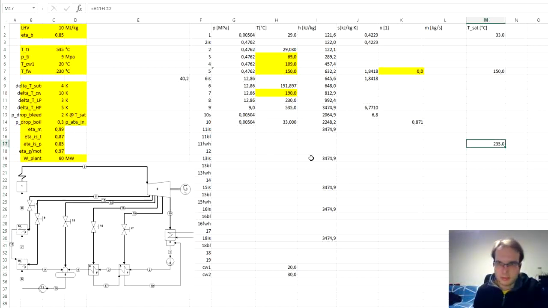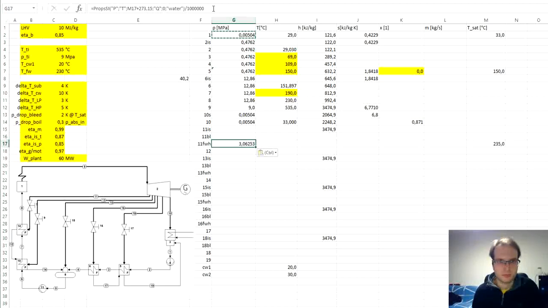So we have saturated temperature at the point 11, and respective to that we can get pressure. Same function as we already had before, using only saturated temperature as the parameter, and then the quality anywhere between 0 and 1.